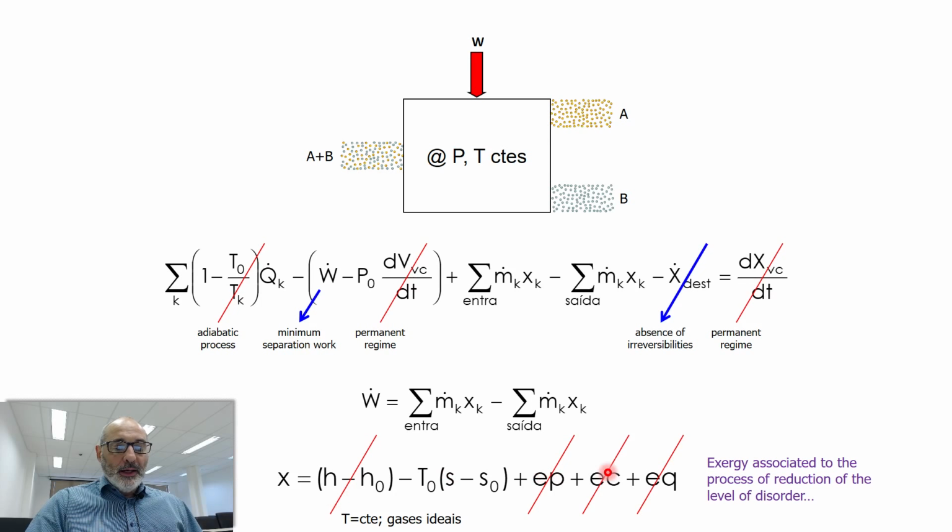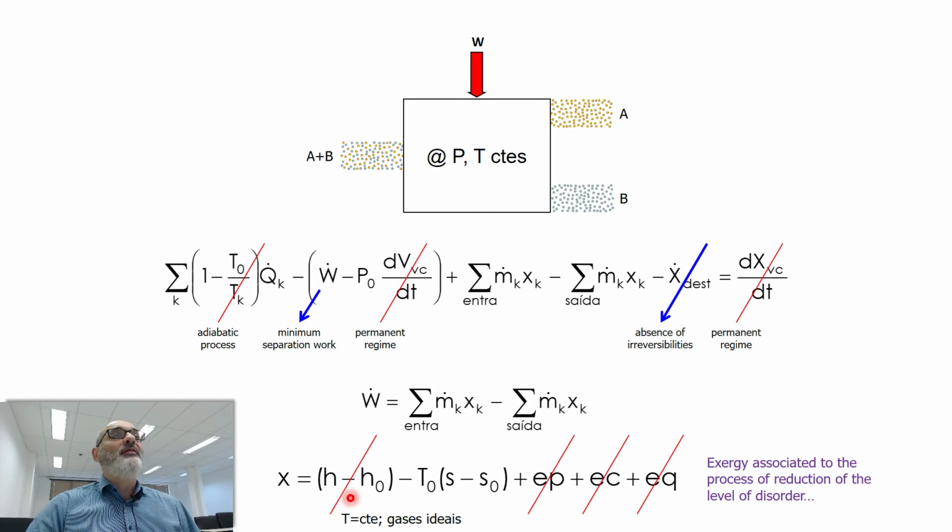Okay, another consideration is that I'm going to make this analysis for perfect gases, okay? Perfect gases, just to obtain a simple equation. Okay? If the gas is not perfect, no problem. We simply use enthalpies directly, okay? But being a perfect gas and our process having a constant temperature, this means that the enthalpy variation is zero, okay?